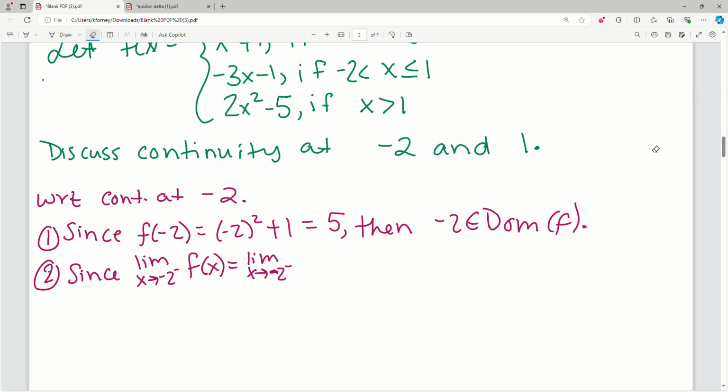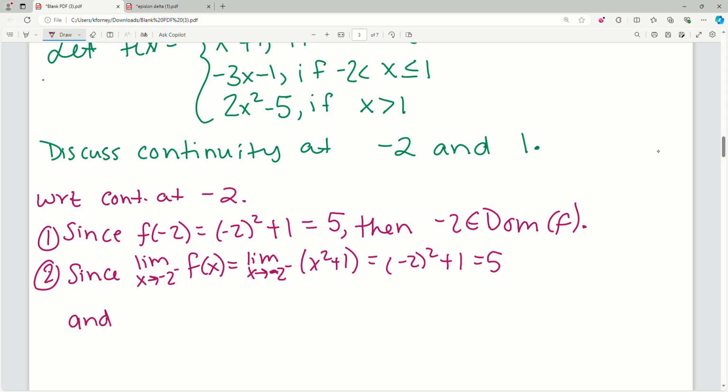That was x squared plus 1, which is negative 2 squared plus 1, which is 5.